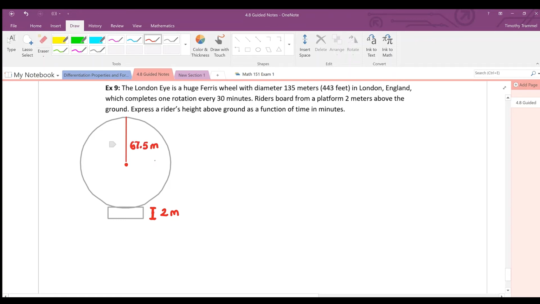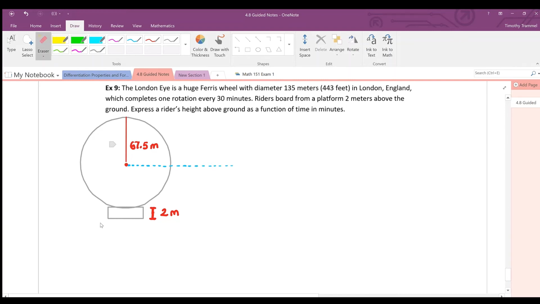Okay. Now let's try and figure out what trig function is going to describe a rider's height. Okay. And I'm going to go ahead and just note to myself that the center of whatever our trig function is, sine or cosine, the center of it should be right here.